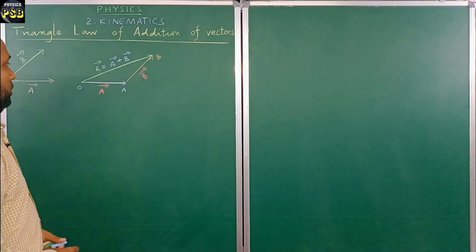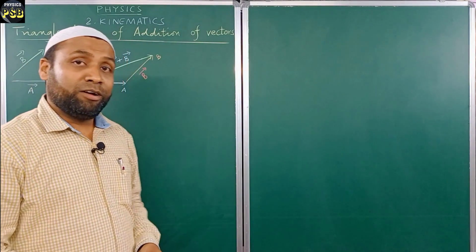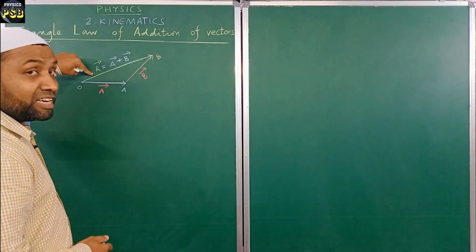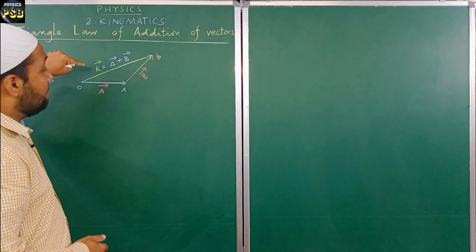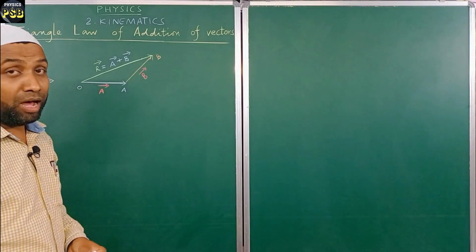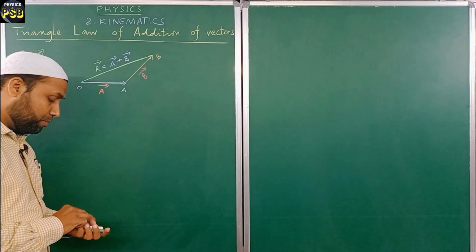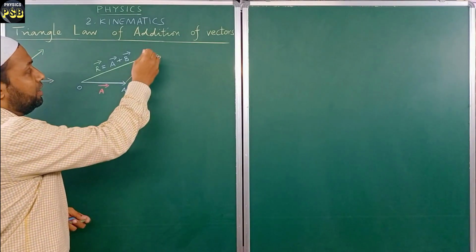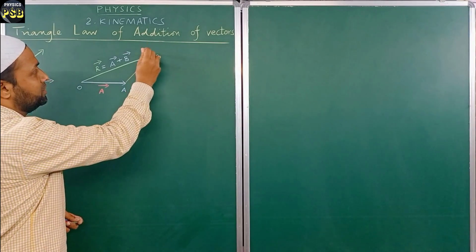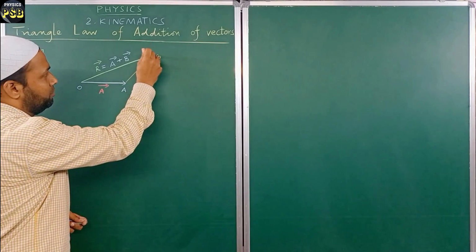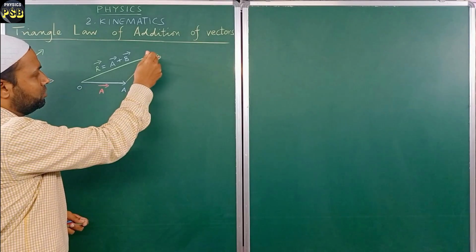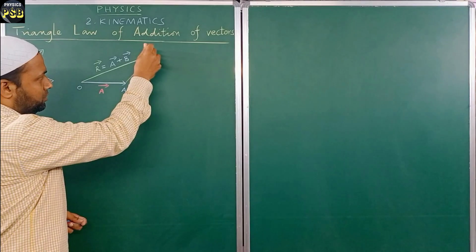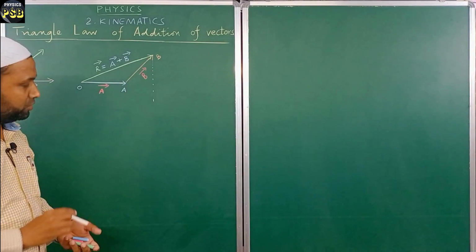In order to find out the magnitude of this resultant vector, I drop a perpendicular from point B, from the head of B. I am dropping a line in the downward direction.